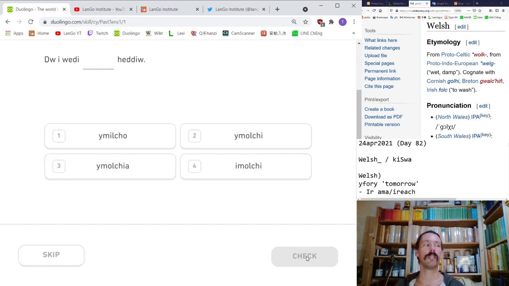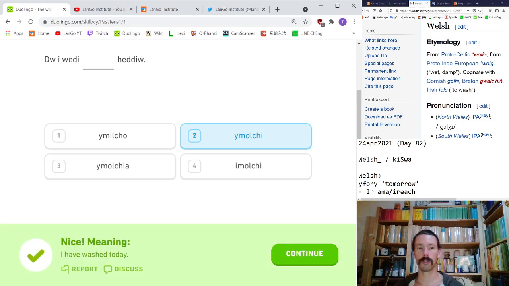It looks like a single form verb with reflexive meaning, so it's not a pronoun there. Is it like a middle voice subject marker? Dwi wedi ymolchi heddiw. Heddiw's today. Washed today.